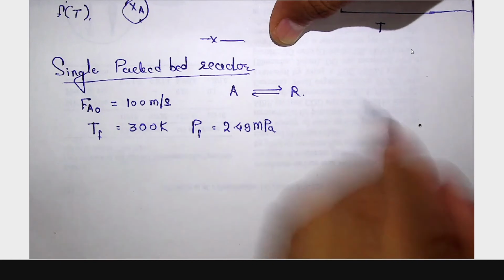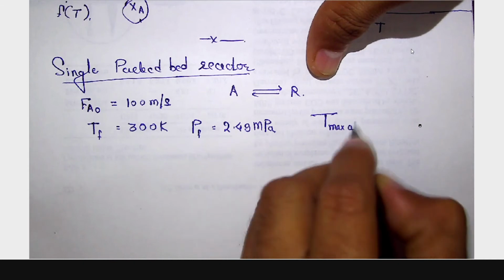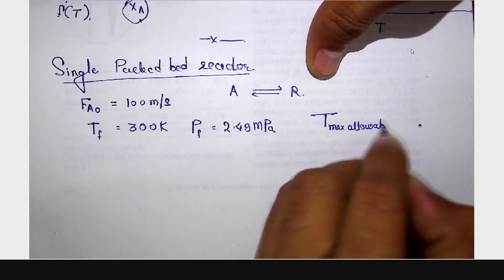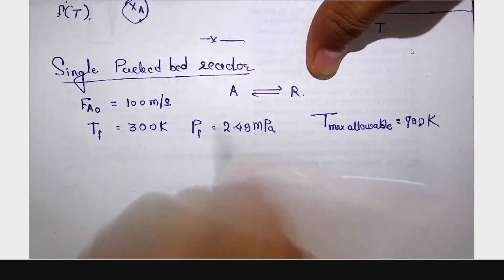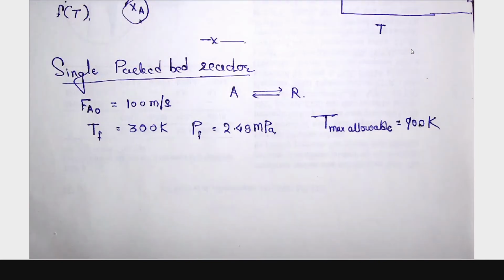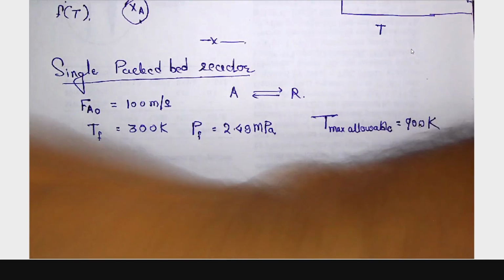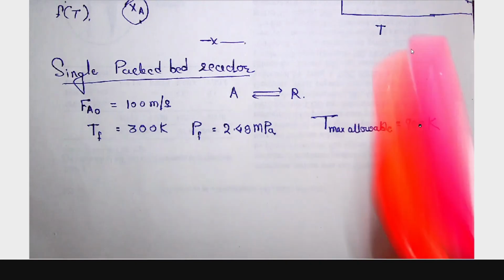Maximum allowable temperature is given, because beyond this there may be a shoot up of the reaction or degradation of the products may be possible. So we have to maintain the temperature below this one.